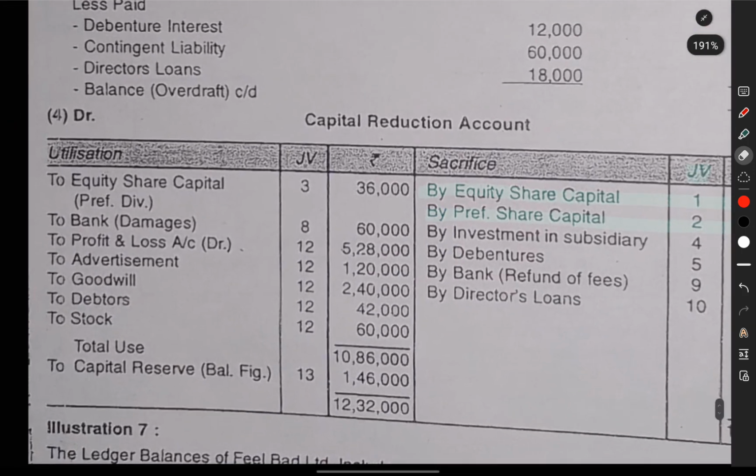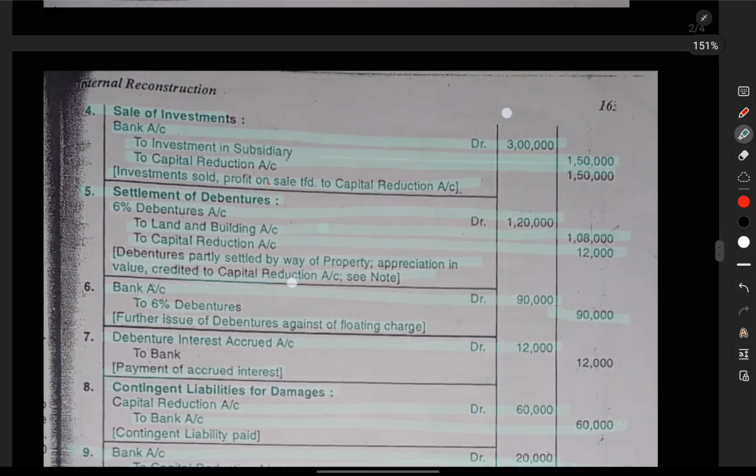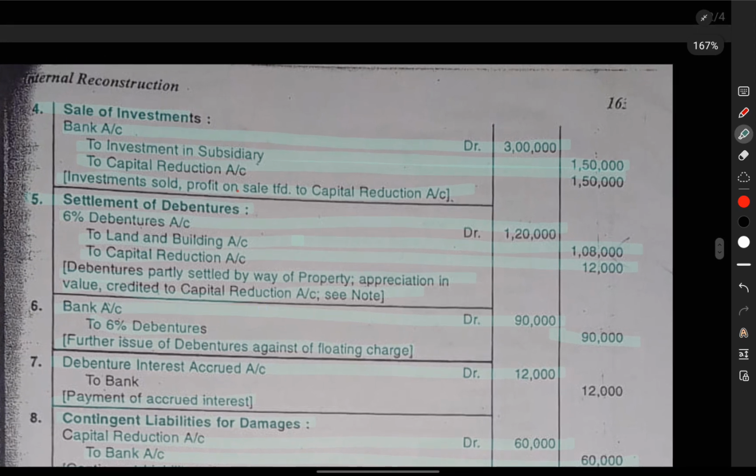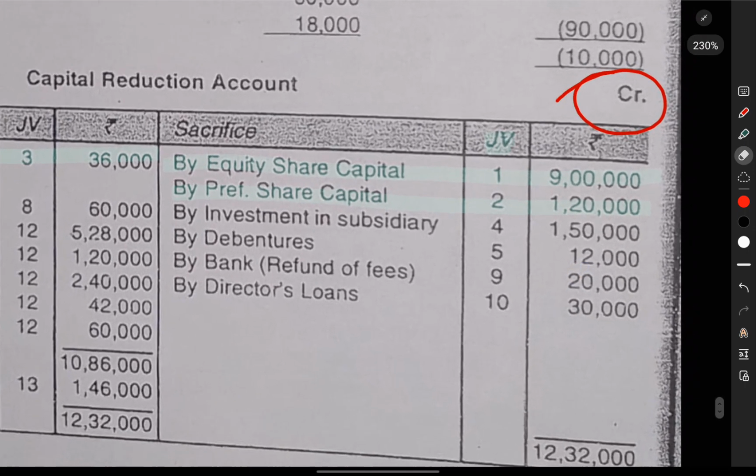Next, in the fourth journal entry, we give capital reduction credit. So we will go to credit side of capital reduction account and write by bank for rupees 1,50,000.